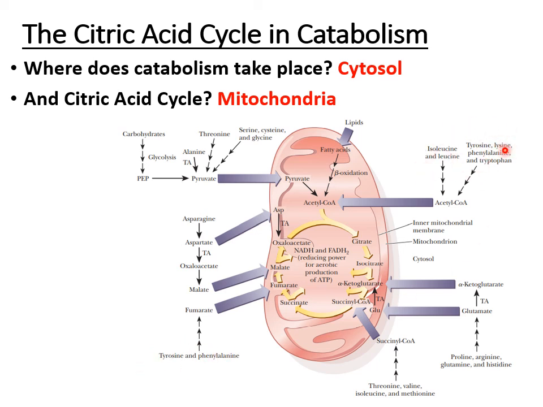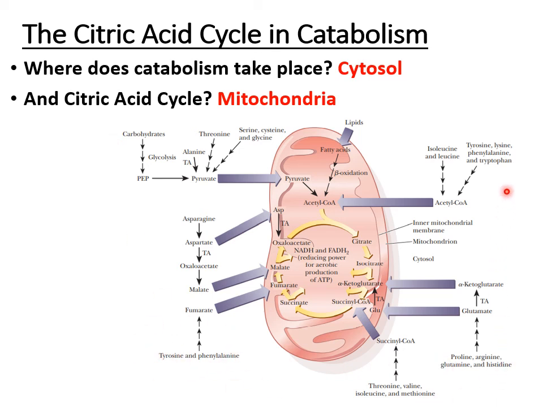So you have the various amino acids all over here. And so with that, you get to see all of these catabolic events. Oh, there's the lipids that I was looking for earlier. So it shows the catabolism of lipids, carbohydrates, and then all different amino acids.